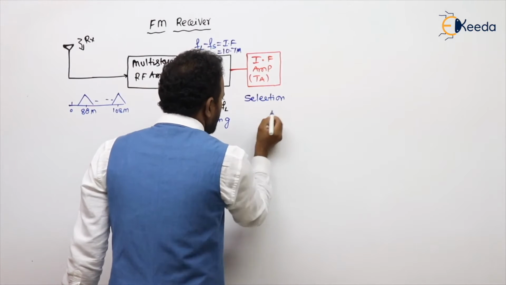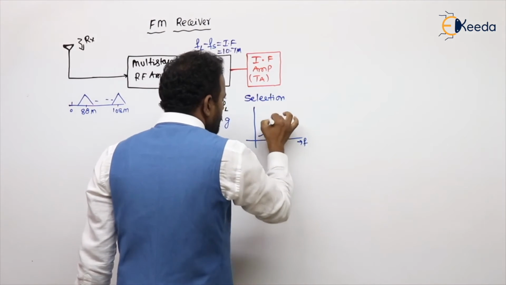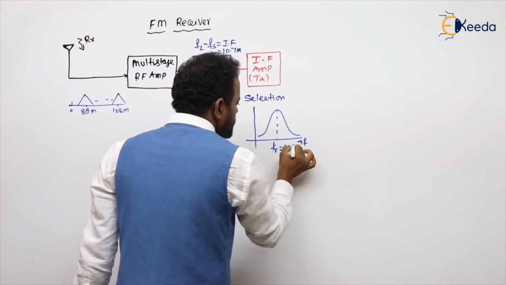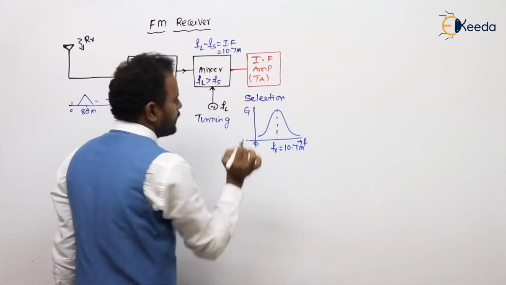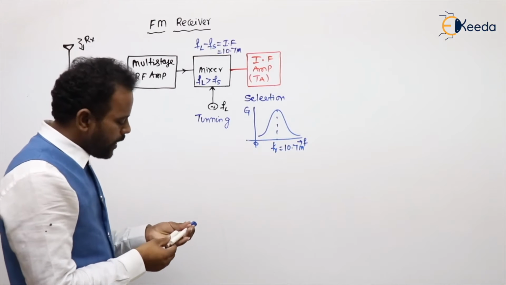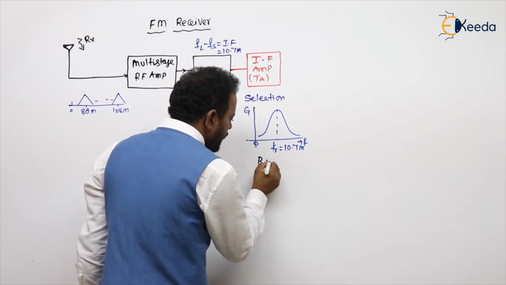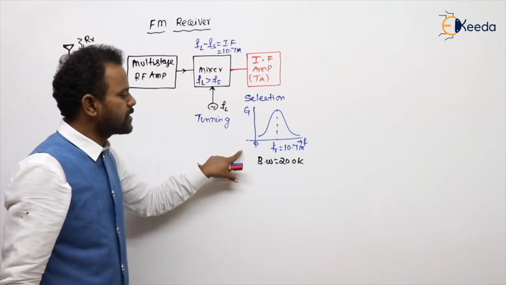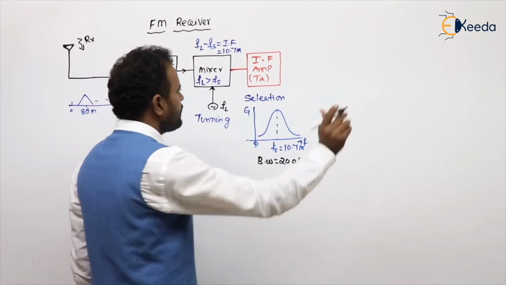This is exactly designed at 10.7, the resonant frequency FR is 10.7 megahertz. This is the gain versus frequency characteristic. It will be like that. And what is the bandwidth we are maintaining, sir? Bandwidth is 200 kHz, of which 20 kHz will be the guard band. These are the fixed characteristics, so no problem of selection, we already know.